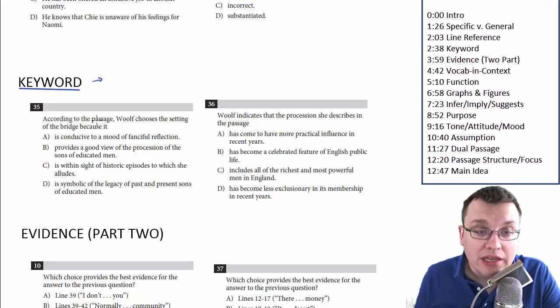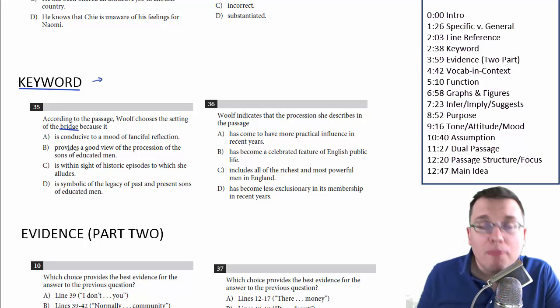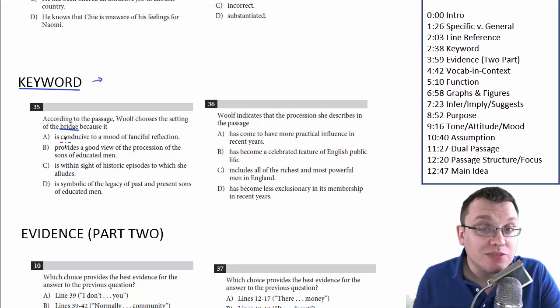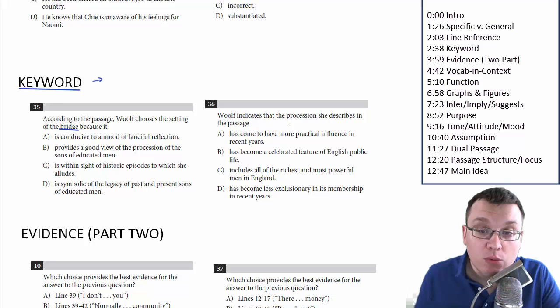So for example, we look at this question. According to the passage, Wolf chose the setting of the bridge because it. We look at this word bridge and we say, okay, if I remember or if I can skim the passage to see where they discuss the bridge, really good chance that's where the answer is going to be, right? So the bridge is the keyword. Here, Wolf indicates that the procession she describes in the passage. So here's a keyword.